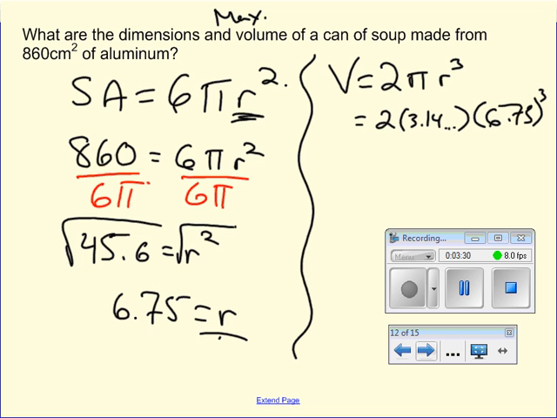So I have 2 times pi times 6.75 times 6.75, and again 6.75, and I get a volume of 1932.4, in this case, centimeters cubed. So that's a maximum volume that I can make from that amount of aluminum, which is quite a bit for a can of soup.